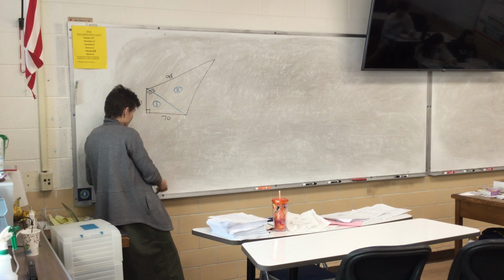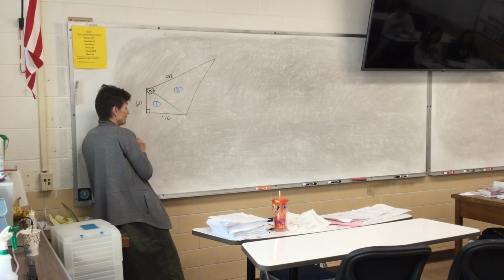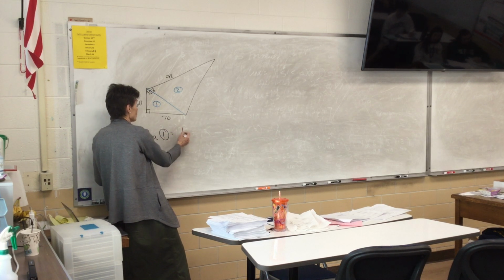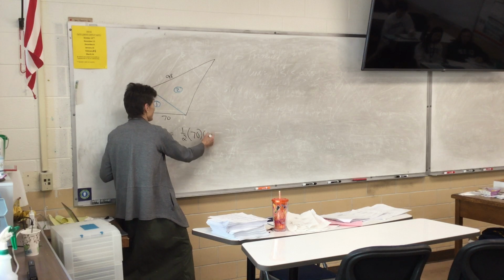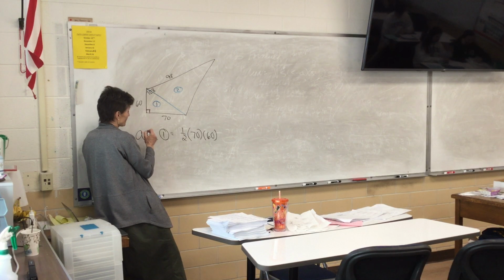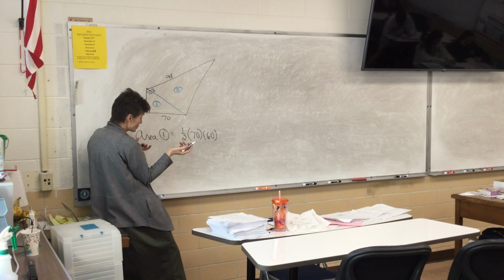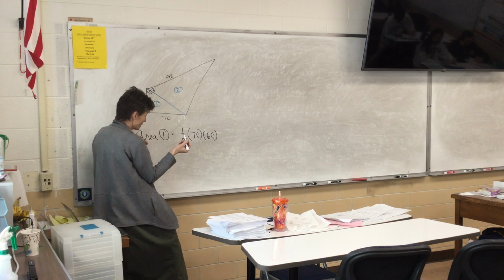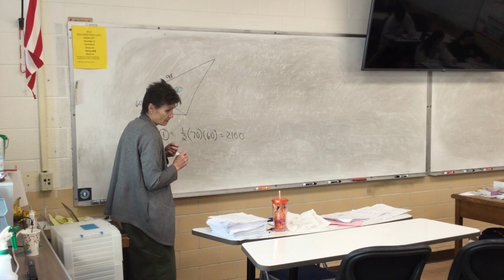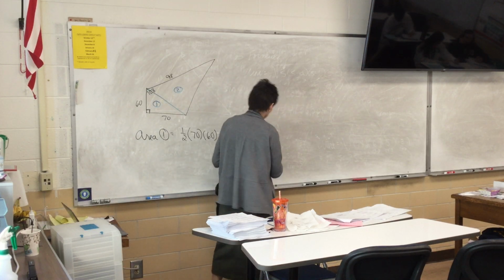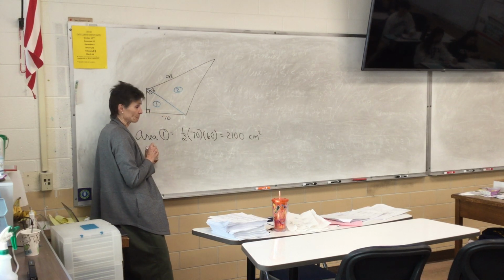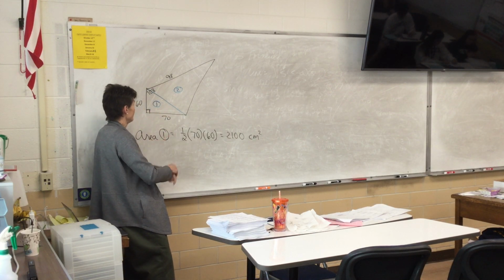So, the area of triangle 1 is a no-brainer, because the area is 1/2 base times height, and base and height are the two perpendicular sides. So that area is just going to be what? Is that 2100? Square whatevers. Did I multiply right there, guys? Yep. Okay. That's the easy one.